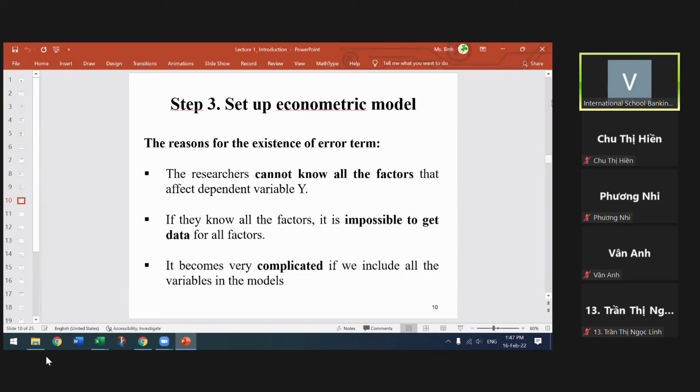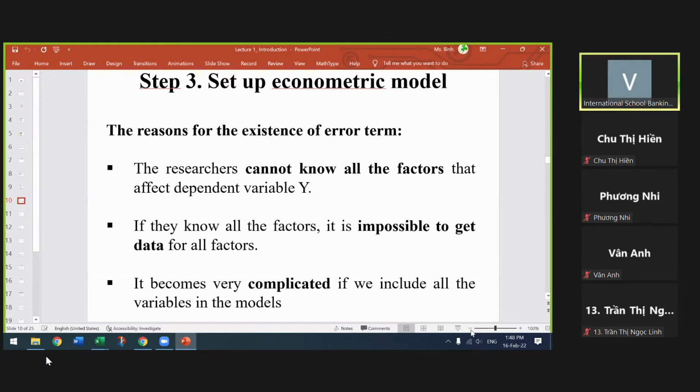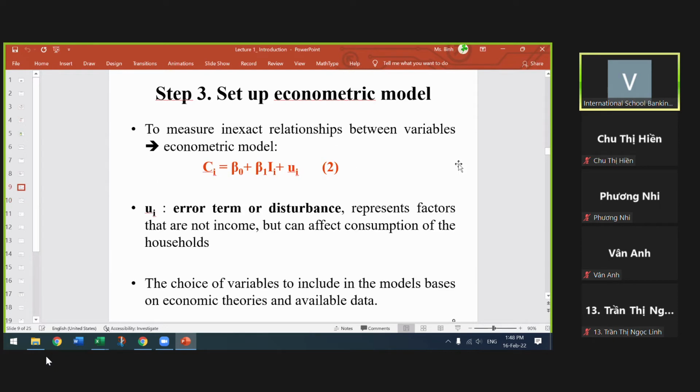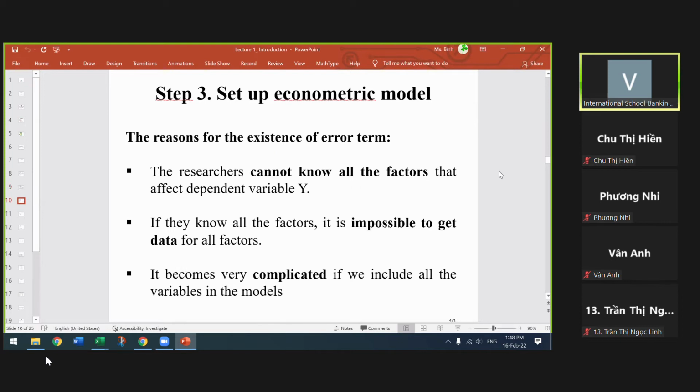And here are the reasons for the existence of error term. We are talking about the econometrics model, and you can see the existence of error term here. So here are the main reasons for the existence of error term.